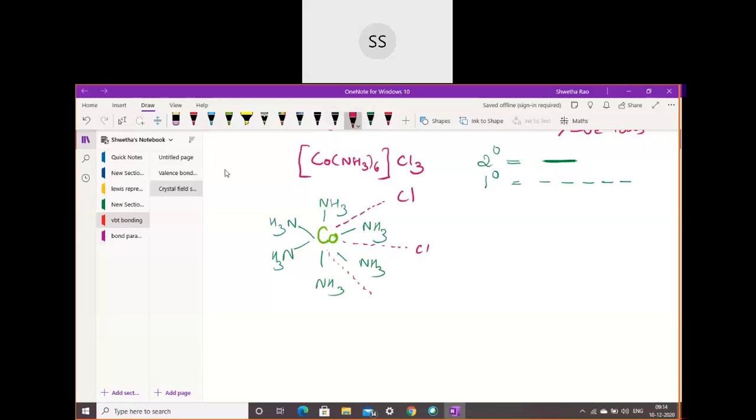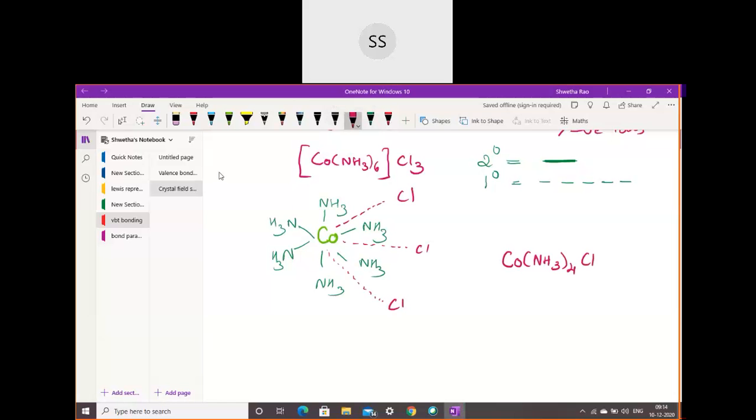So here I will just write a dotted line, one chloride ion, and then one more dotted line for one Cl, and one more dotted line. They will be just present as a coordination sphere. So this is how the primary valencies are satisfied. I hope you are able to get this part.